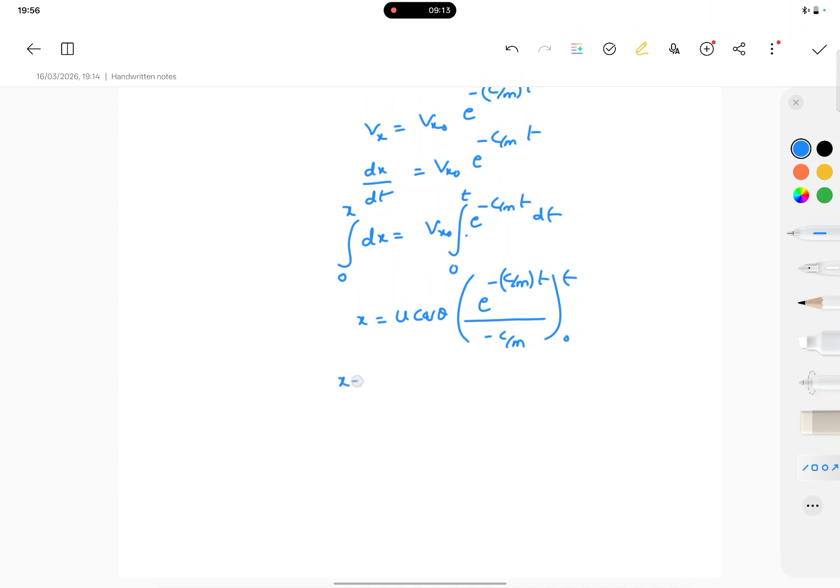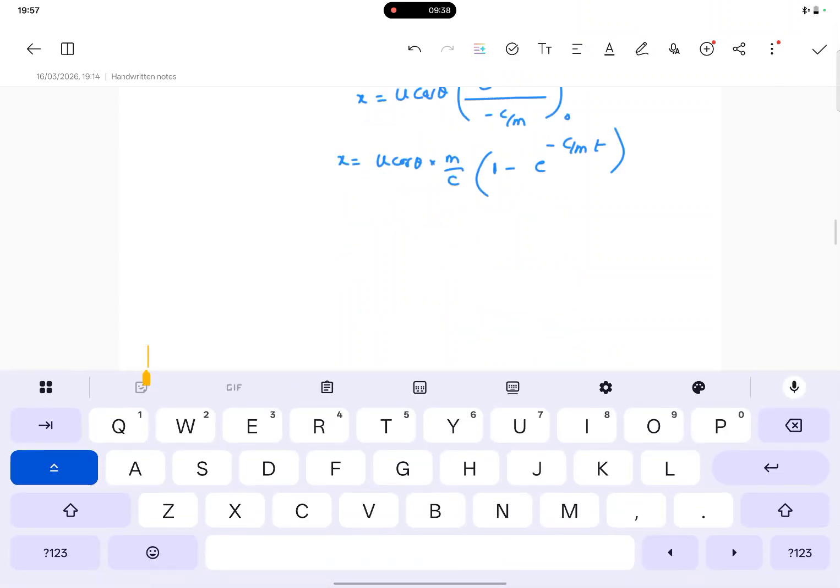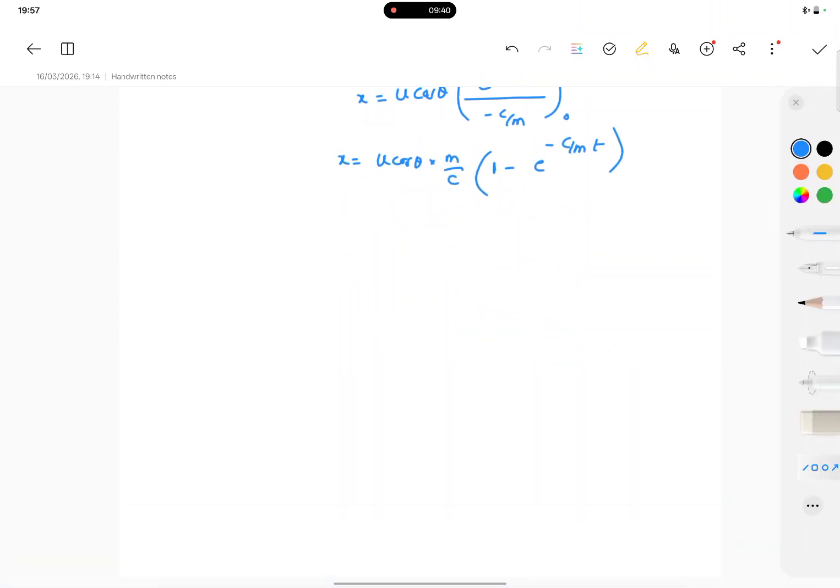This can be written as u cos theta into m by c. Here a negative is there. To convert this negative, substitute the upper limit first, then the lower limit, and we'll get 1 minus e power minus c by m t. Then substitute all the values and you will get the answer.